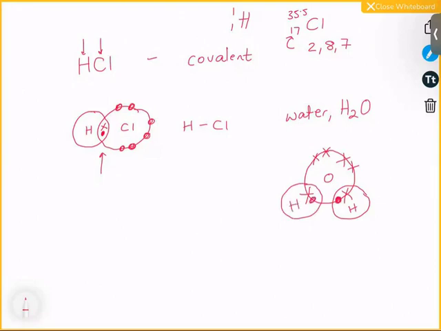Okay, so there we have 2 pairs of electrons that are non-bonding, and we have 2 bonding pairs of electrons. So when we draw it out, we've got 2 single covalent bonds, and there's my molecule of water.